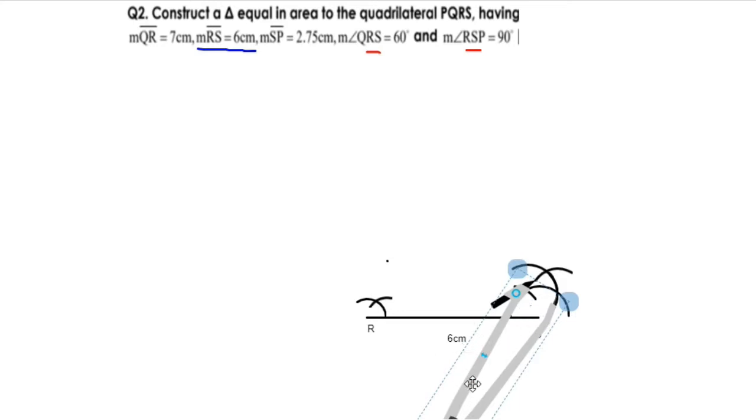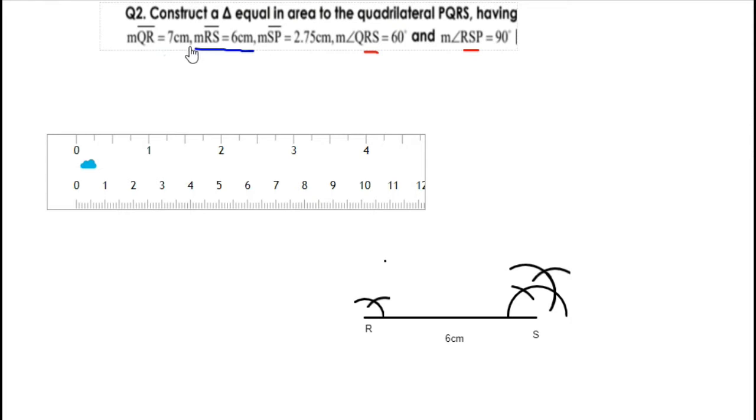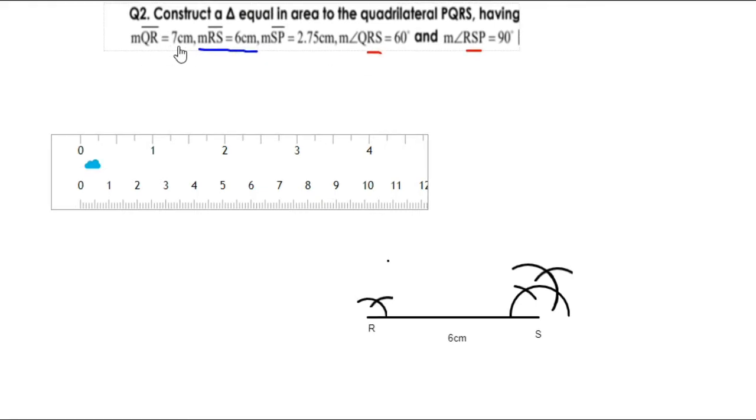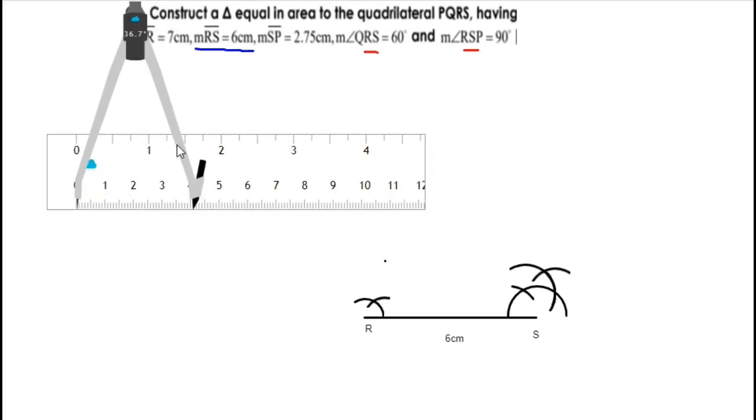Take the scale. On QR we have 7 centimeters. So taking R as a center, we have to draw QR of 7 centimeters. You can see that RS we have used, no other R is there, just QR is there, that is of 7 centimeters. So let's measure that distance from the compass.